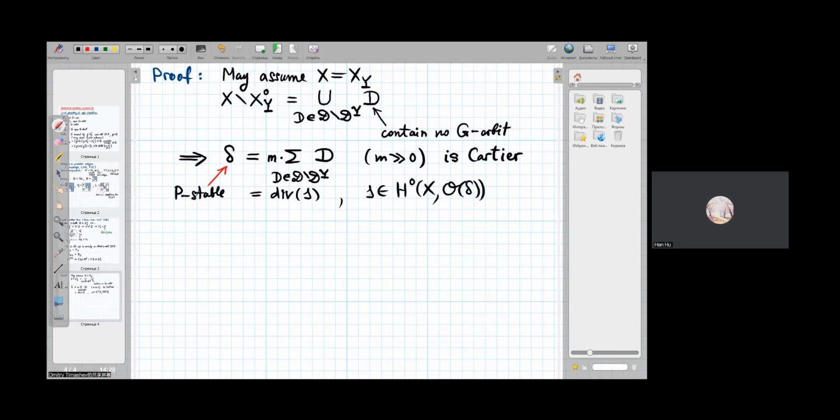And therefore this section S, whose divisor is delta, is P semi-invariant of some eigenweight lambda. So this is the picture.